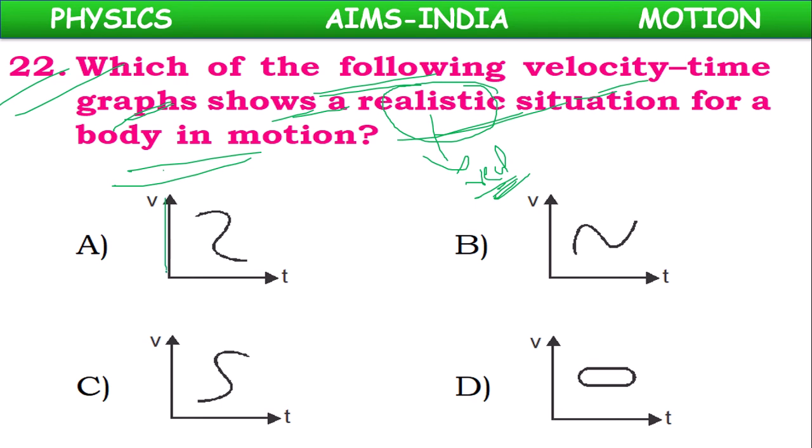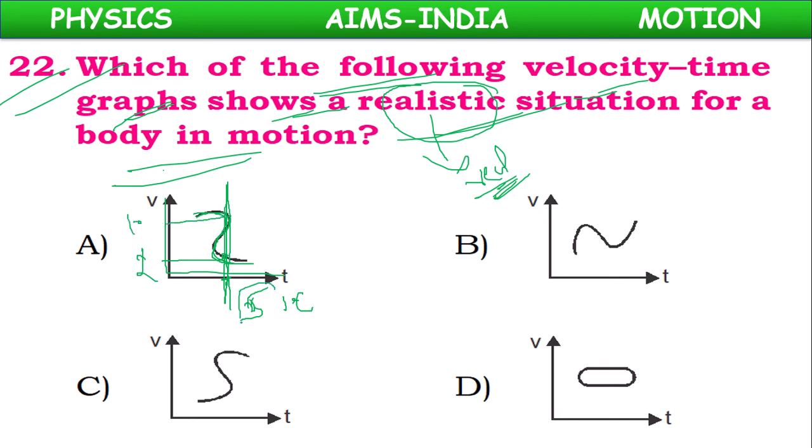If you see the velocity time graph here, it is like a curve. If you draw a perpendicular line here, suppose the time is 5 seconds. According to this graph, at 5 seconds it is having a velocity of, suppose, 2 meter per second and a velocity of 10 meter per second.